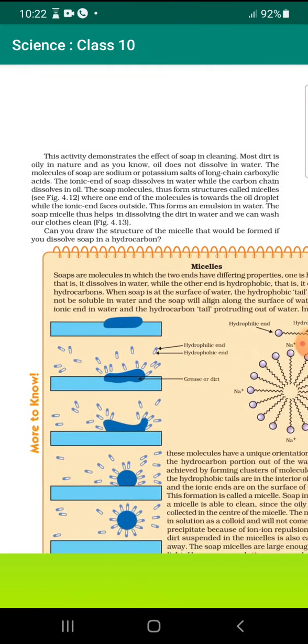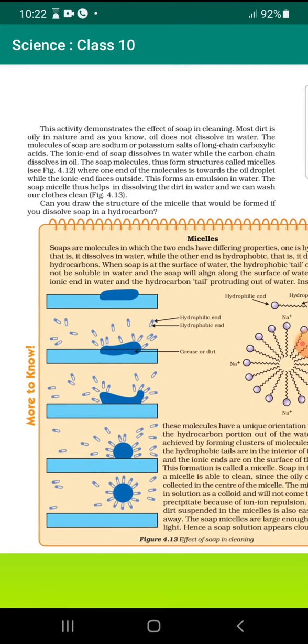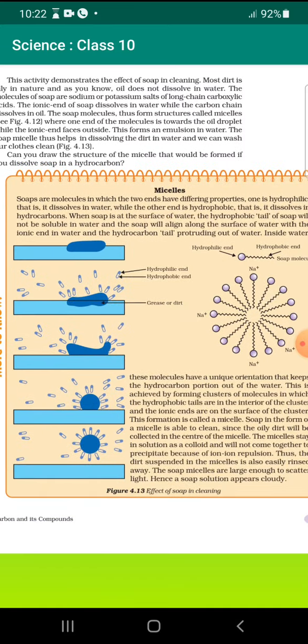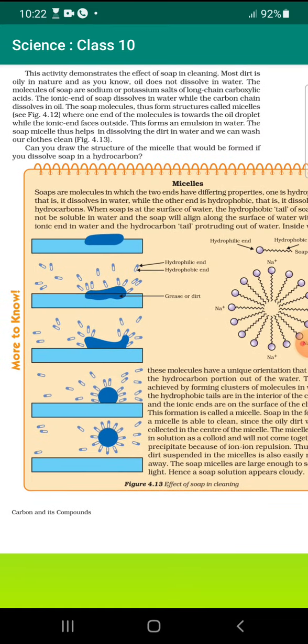This activity demonstrates the effect of soap in cleaning. Most dirt is oily in nature, and as you know, oil does not dissolve in water. The molecules of soap are sodium or potassium salts of long chain carboxylic acids. The ionic ends of soap dissolve in water while the carbon chain dissolves in oil.